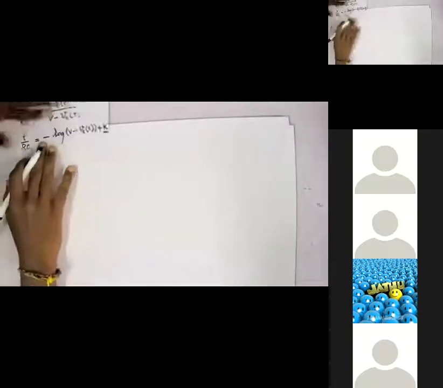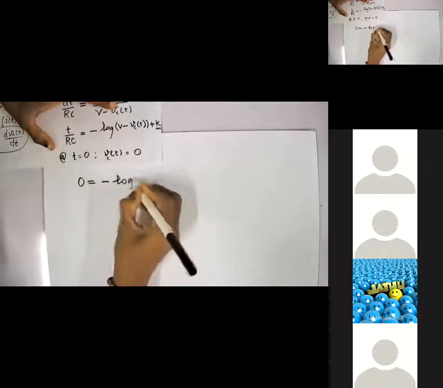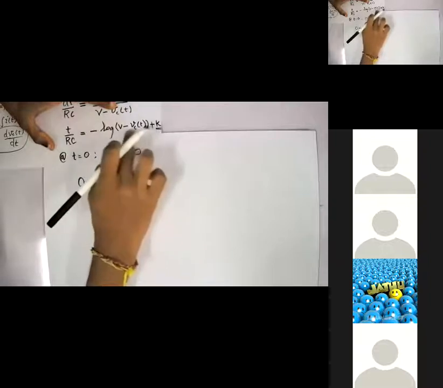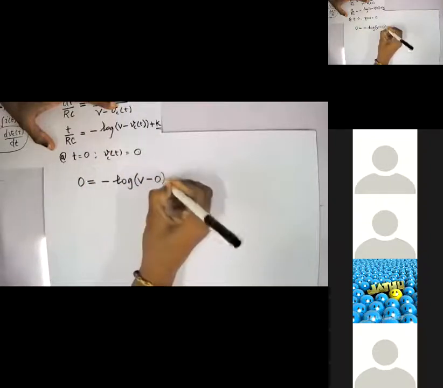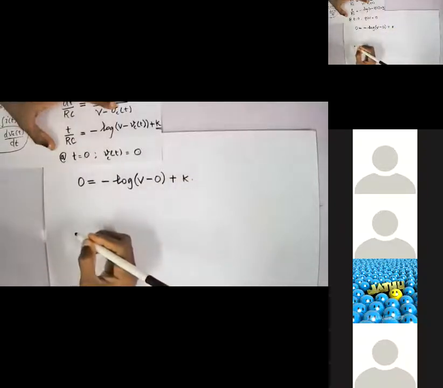Clear, right? So we have an equation here and we can apply the conditions at t equals 0, Vc of t is also equal to 0. Am I right? Just apply these two conditions here. So when t equals 0, 0 by RC we can directly equal 0, equals minus log of V minus Vc of t, which will be V minus 0, plus k, right?